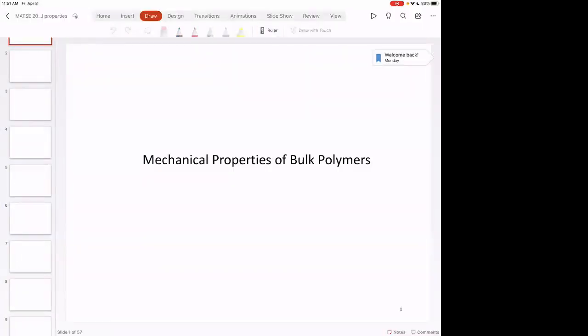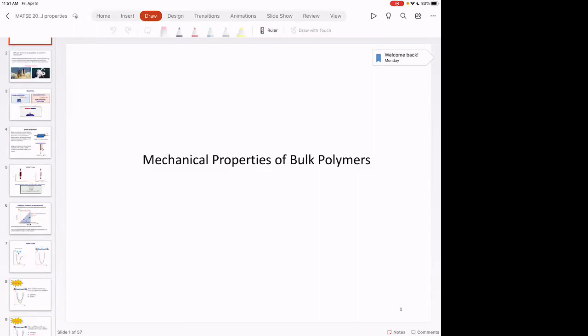It turns out that the mechanical properties of rubbery polymers or polymer liquids are really important as well. Because if we're going to use a rubbery polymer, like a rubber band, what state of polymer is in that rubber band, do you think? It's an elastomer, it's flexible. And so do you think that polymer at room temperature is above its Tg or below its Tg?